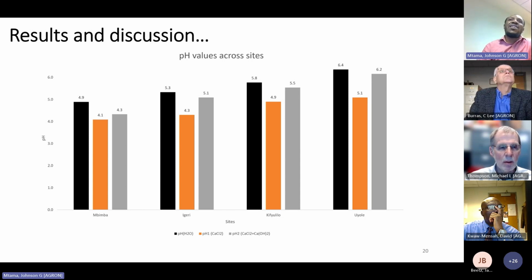So you can see in the second histogram here the amount of acidic level is relatively more, and this has been attributed to the exchangeable acidic cations being kicked out of the exchange sites from the soil systems by the addition of calcium hydroxide.